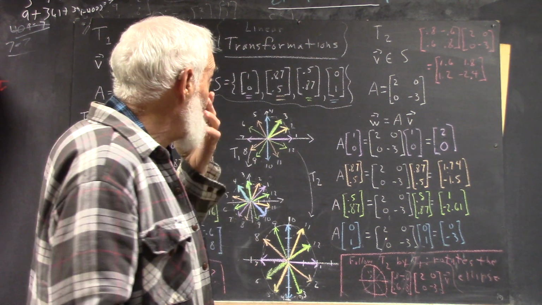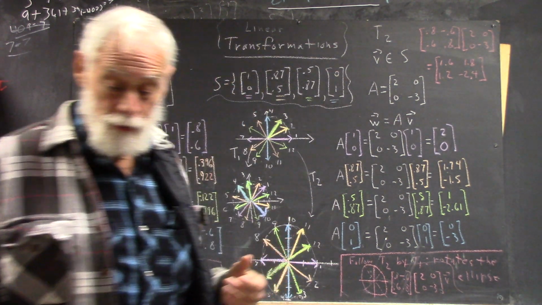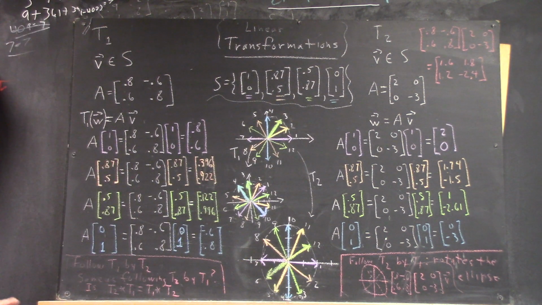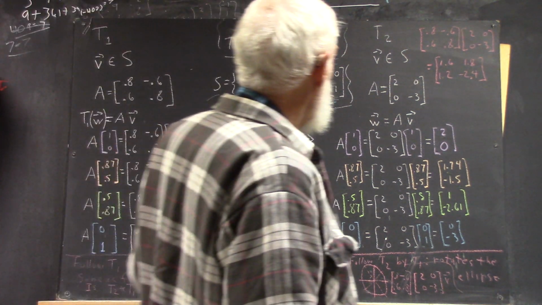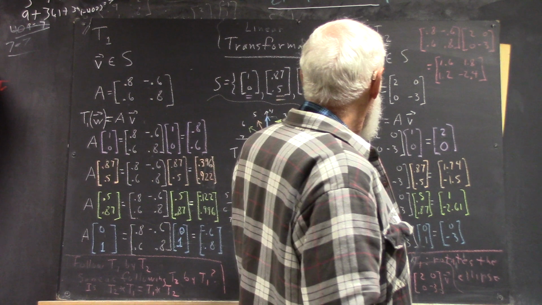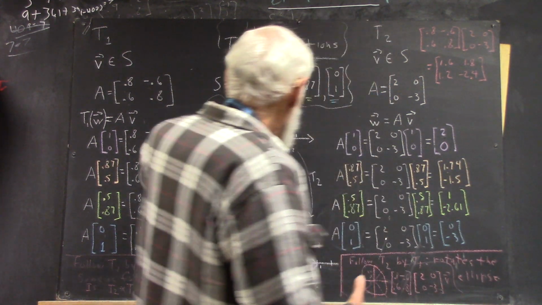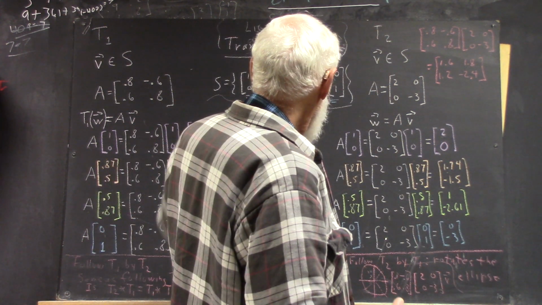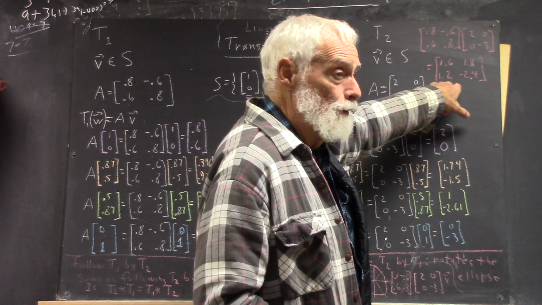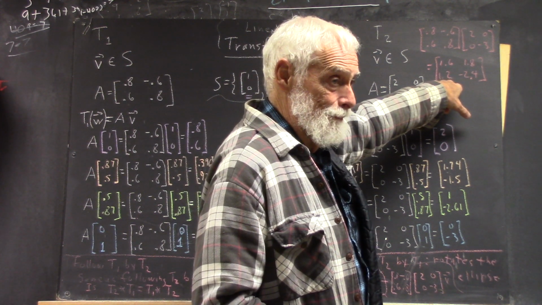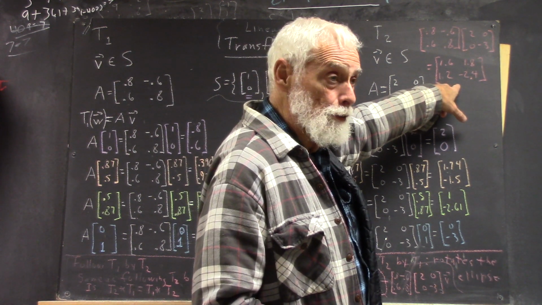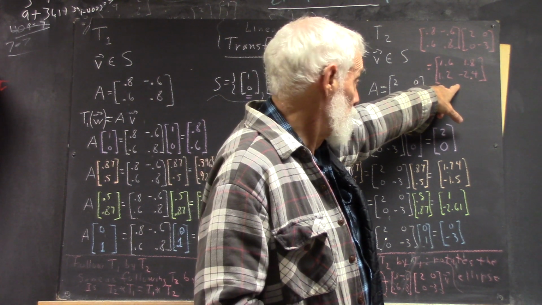Okay? Okay. So, and you know, the matrix we get if we do this transformation, and then this one is here. It's going to also have a determinant of -6.